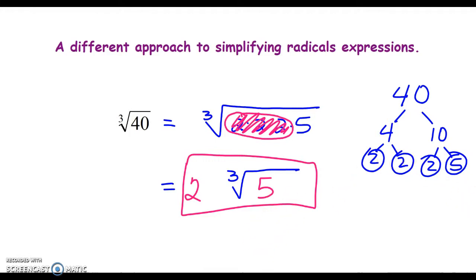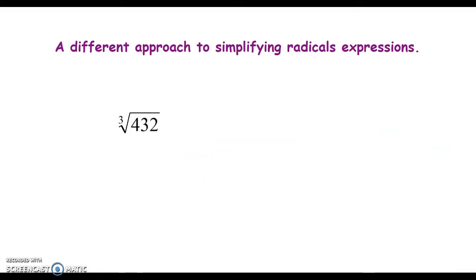All right? One more. And then we'll throw in some variables. And don't freak out, it's going to be okay. 432. Let's take that down to its prime factorization. I know that 432 is even, so it's divisible by 2.